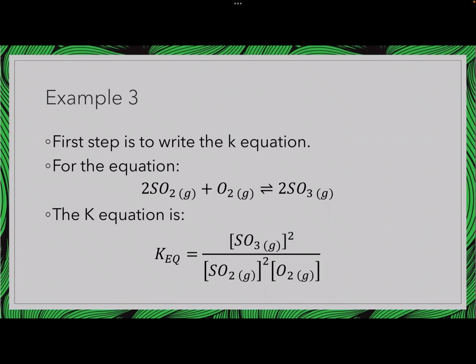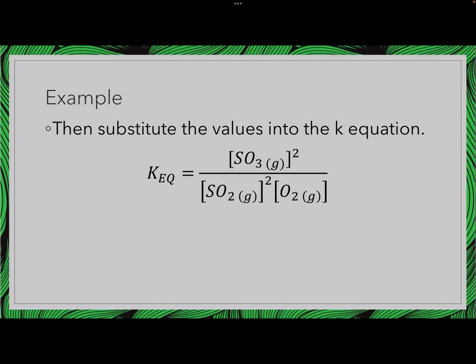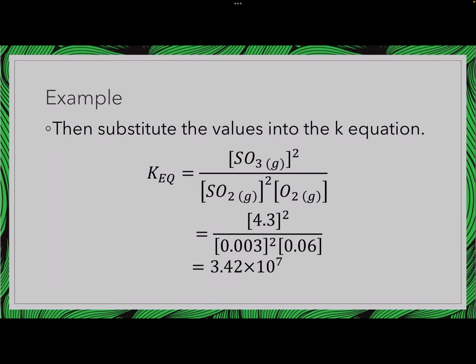We then take that K equation and substitute in the values that we had. It gives us 4.3 squared over 0.003 squared times 0.06, which gives us a huge number, 3.42 times 10 to the 7.